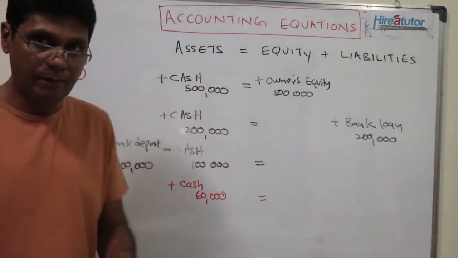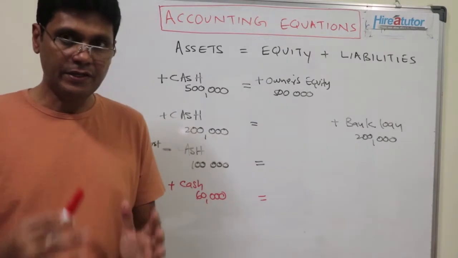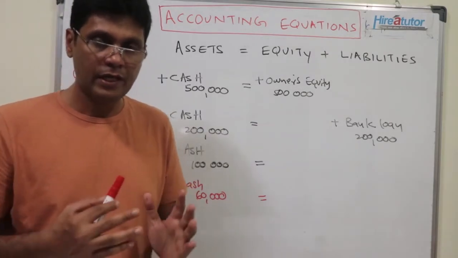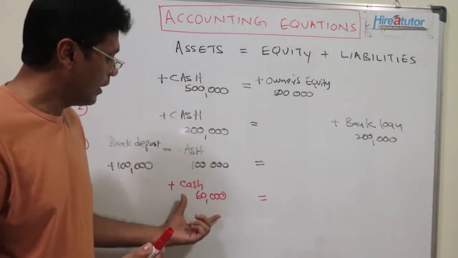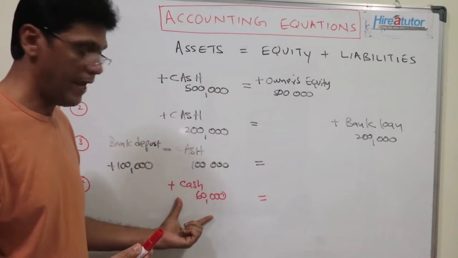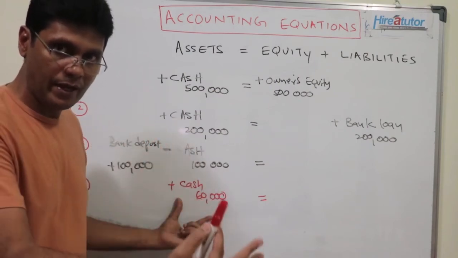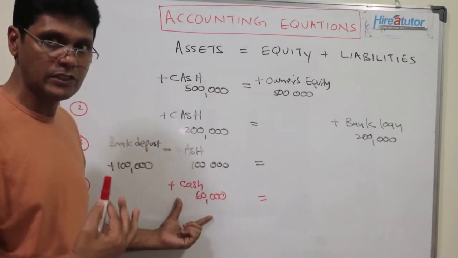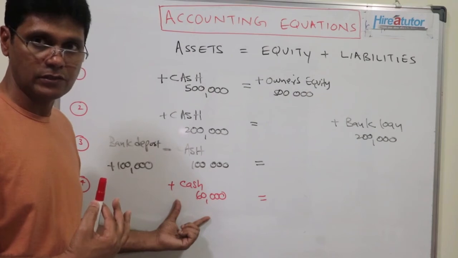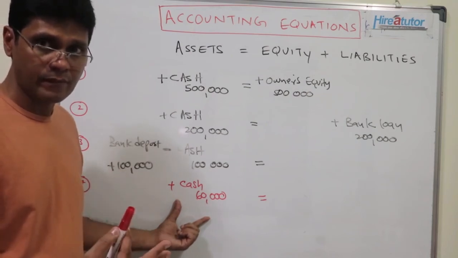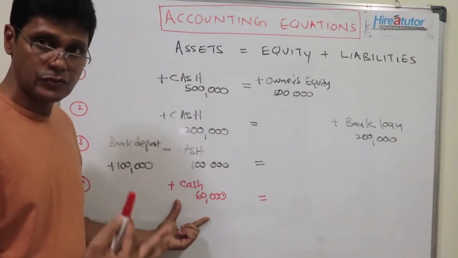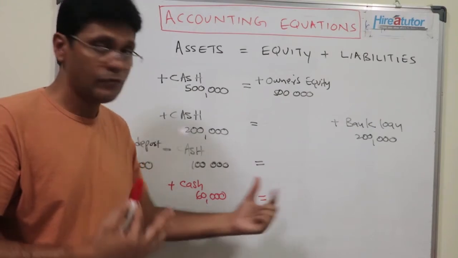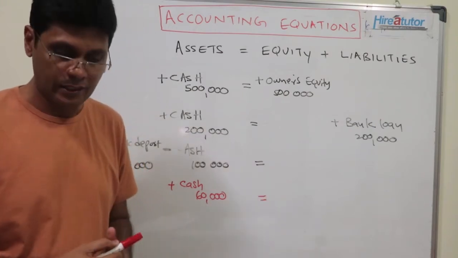And what is the other impact? Each and every transaction has to be recorded in two places. I have recorded under assets, cash, because you have repaired a computer and received cash worth 60,000. What is the other impact? The other impact has to be on equity. Why equity?